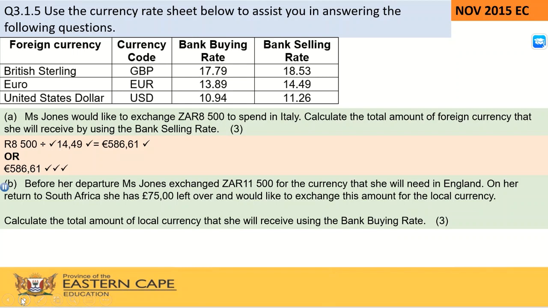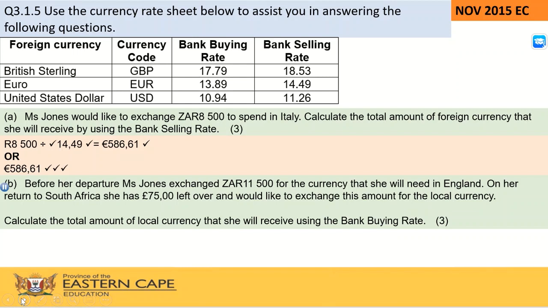Now we have here 75 pounds, and how much is Miss Jones going to receive for the 75 pounds once she has returned to South Africa? So the 75 pounds is a foreign currency. She's exchanging that amount for local currency, which is rand. Therefore, the calculation requires us to multiply. And they tell us to use the bank buying rate.